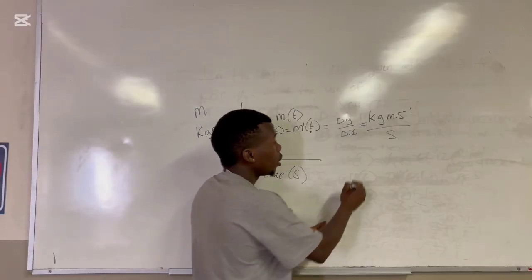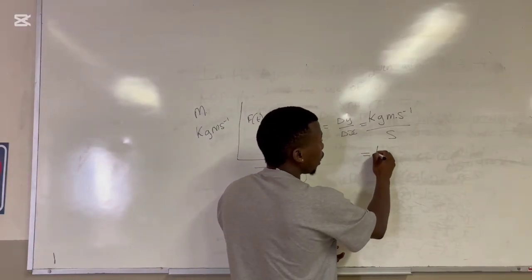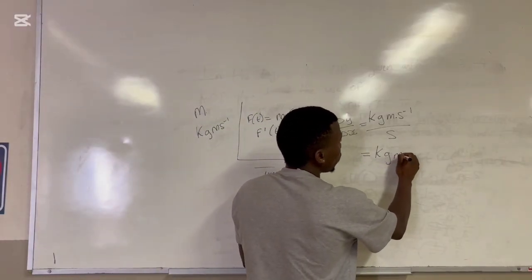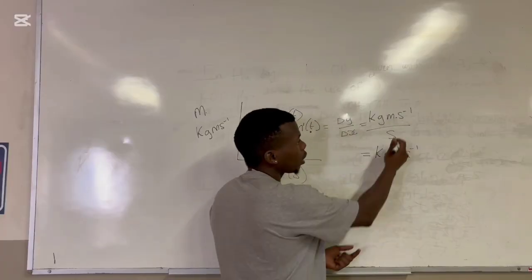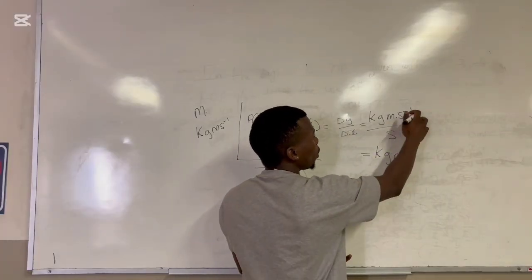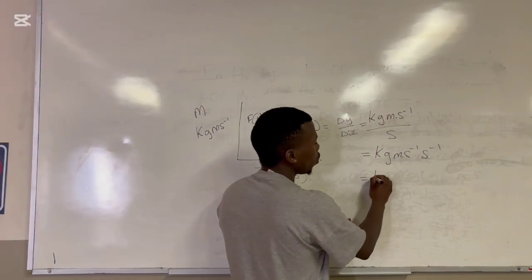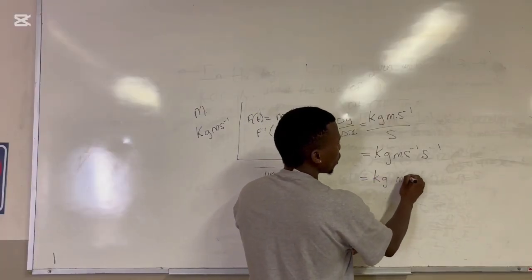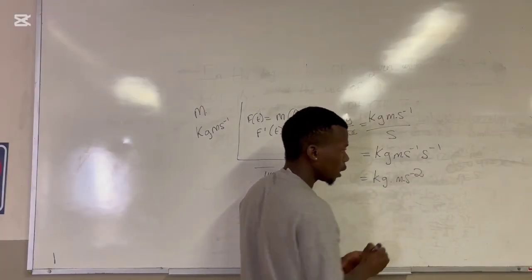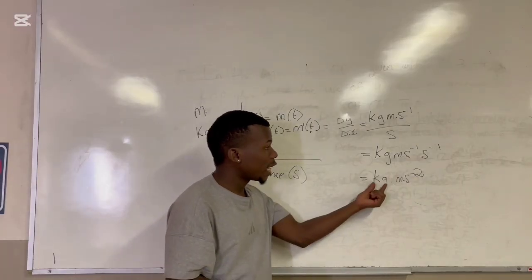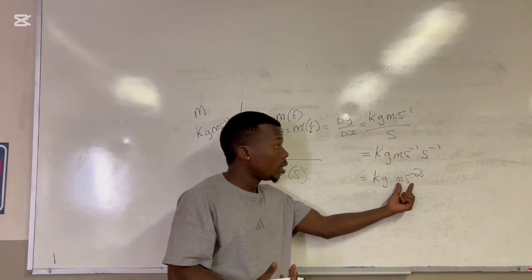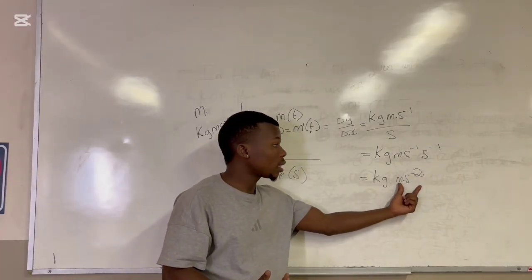Now this will be equal to kg meters per second to the power of -1. Remember, you are going to take this s to the numerator, multiply by s to the power of -1. This will be equal to kg meters per second squared. Remember, kg is mass, and meters per second squared is acceleration.